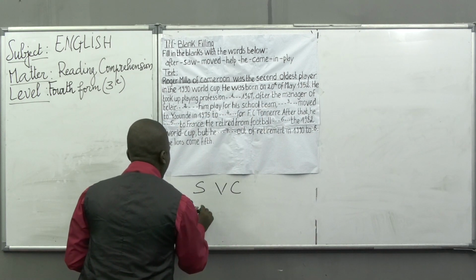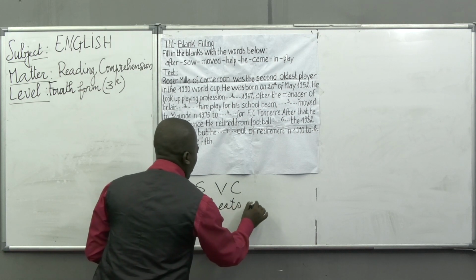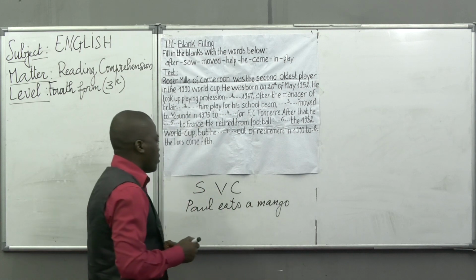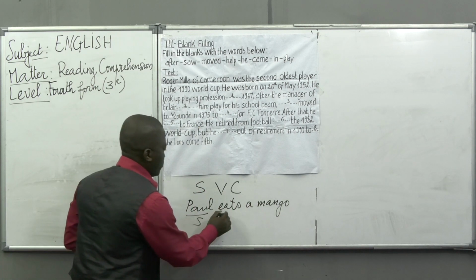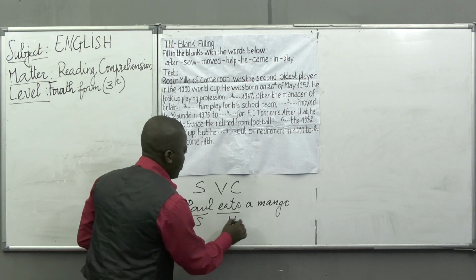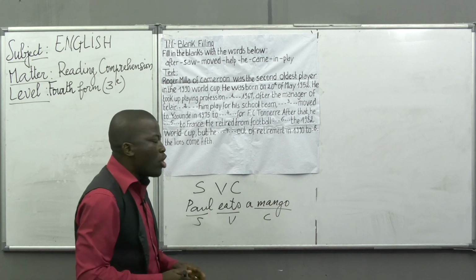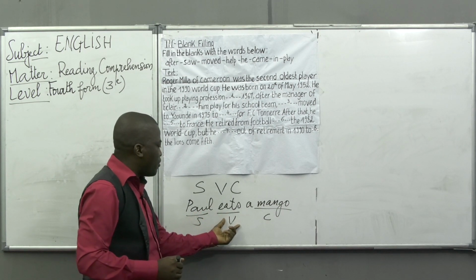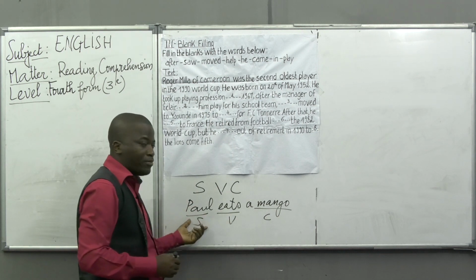Paul eats a mango. That's very easy. Paul is a subject, eats is a verb, and mango a complement. Each word has got its place. Then the verb is standing in the middle and it cannot take the place of the subject.